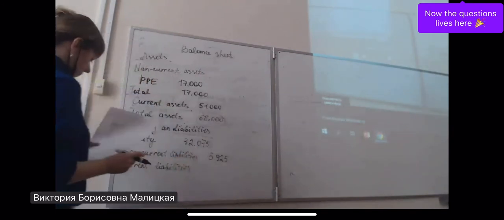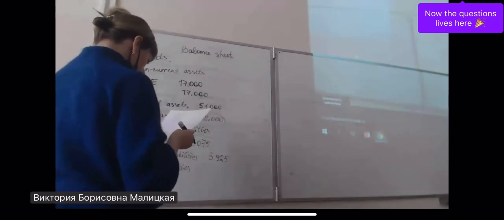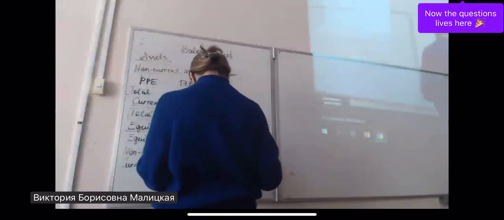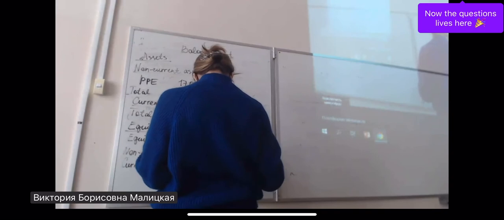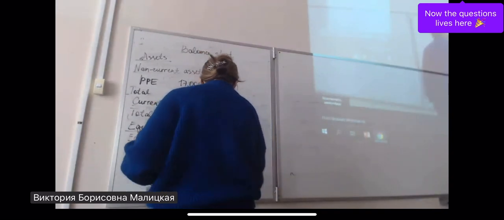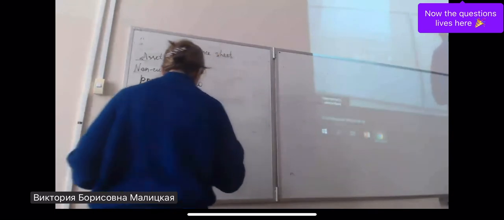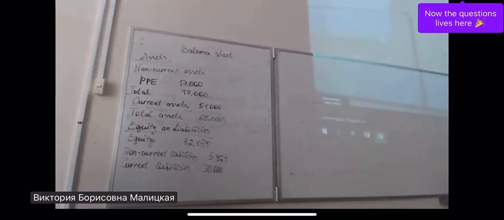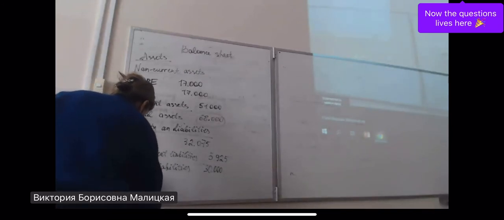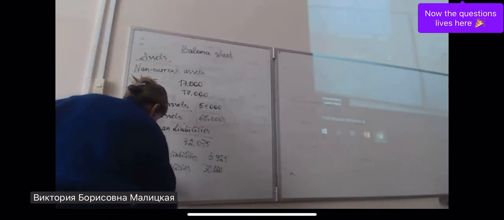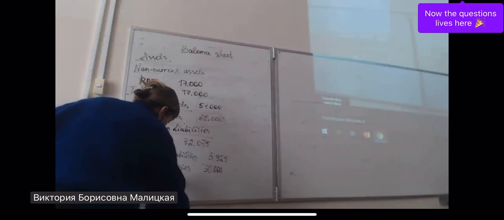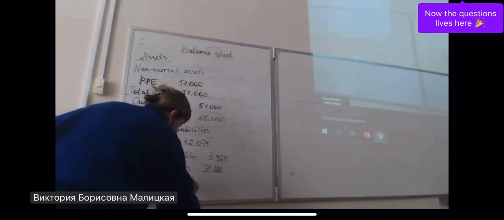How much? Current liabilities, they were given as 30,000, right? And our total equity and liabilities: total equity plus liabilities.